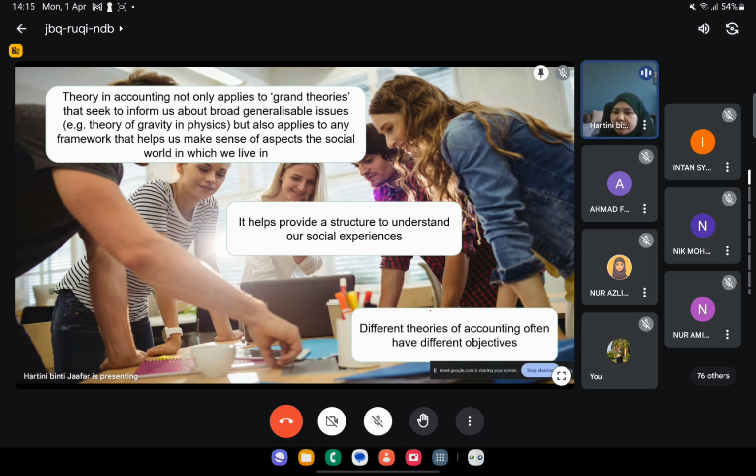But this is an argument from one of the scholars, I don't remember the name, I wrote it on the back of my notes. It not only applies to grand theories, for example the theory of gravity, which is considered a grand theory, but the theory seeks to inform us about generalizable issues applied to any framework that helps us make sense of aspects of the social world in which we live, even if the theory is only useful to explain certain aspects of our social life.